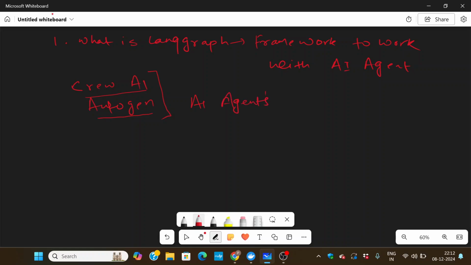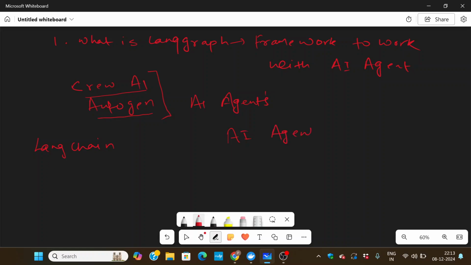So the thing to start with is, what are AI agents and how are they different from chains. First of all, you would have heard about LangChain, and then you will see this LangGraph, or let us say this is AI agent.